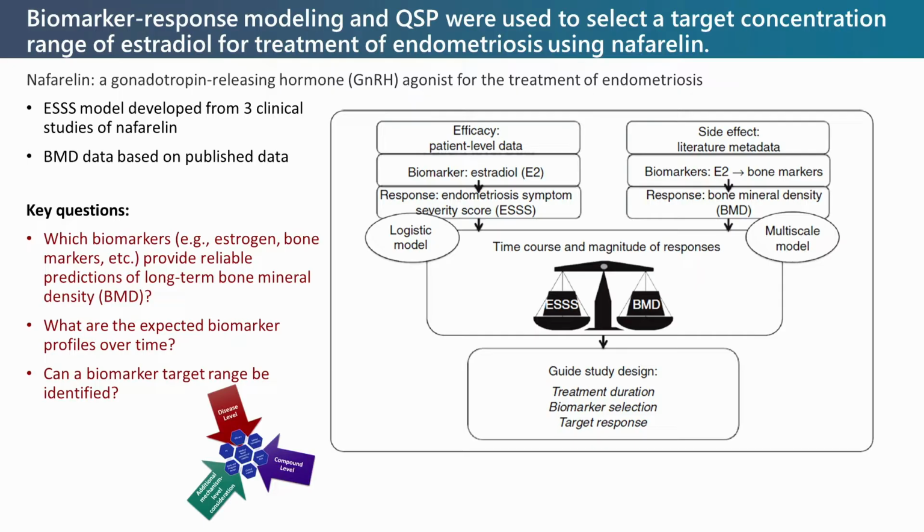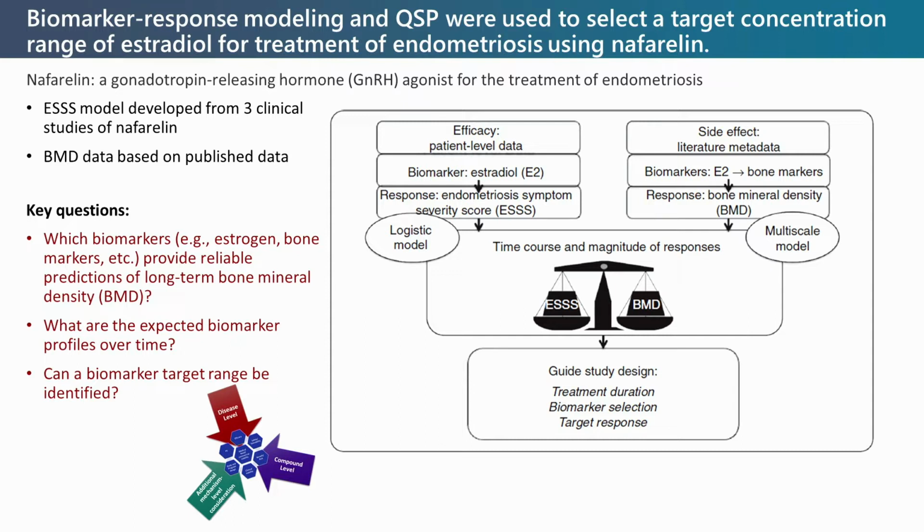Therefore, it is important to identify a range of estrogen suppression that balances reduction in endometriosis symptoms, as measured by the Endometriosis Symptom Severity Score, ESSS, in this case study, with minimal loss of bone mineral density. Lower ESSS scores indicate less symptom severity.